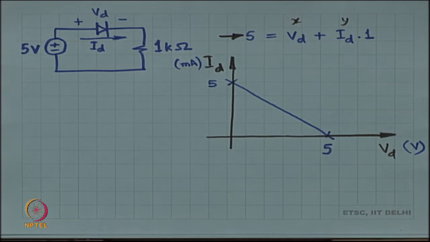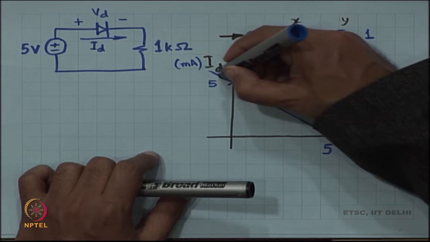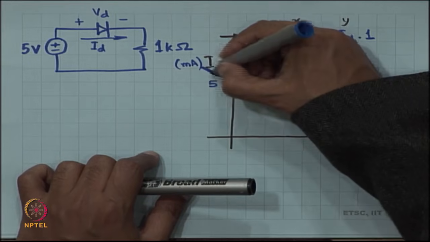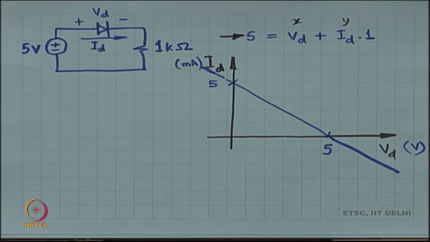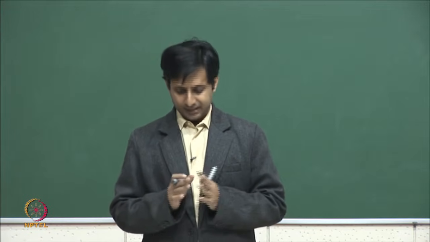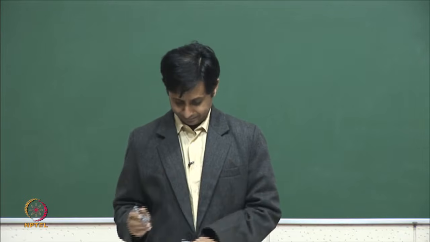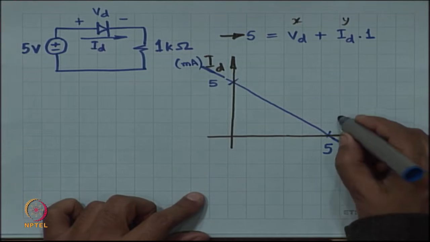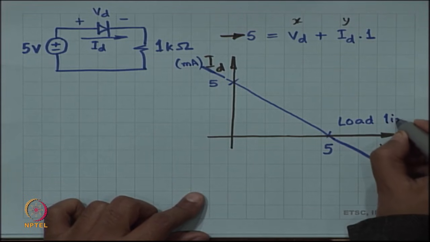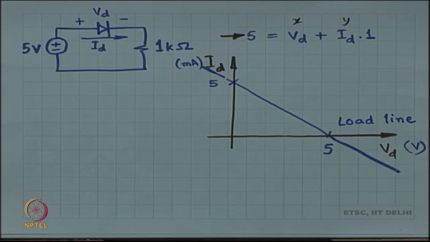So, this particular graph, where you have worked out a KVL and you are plotting out the KVL, is called the load line. The load line is a very important concept.